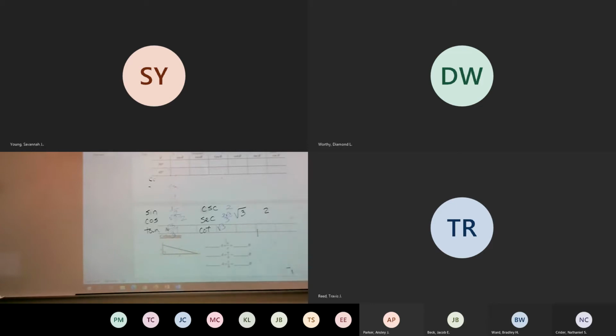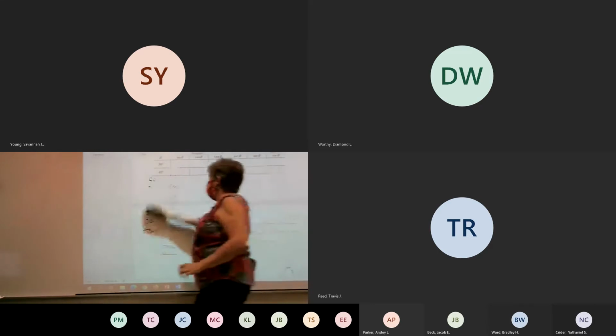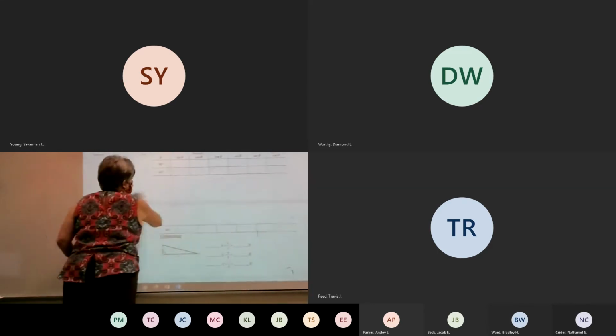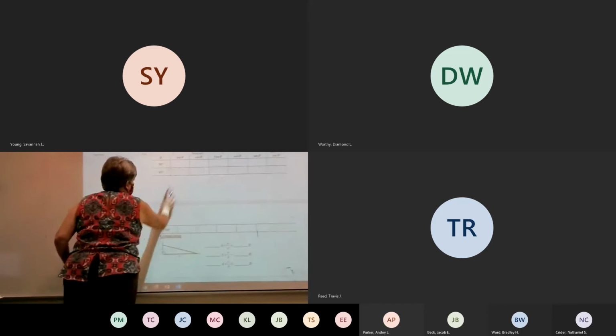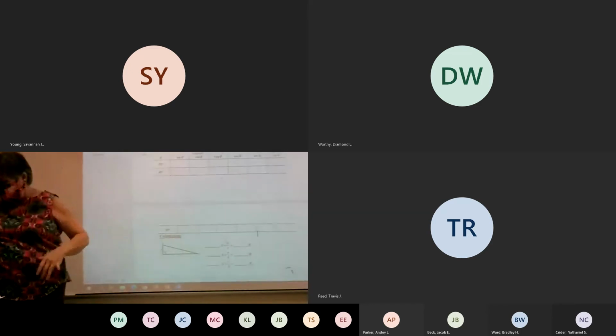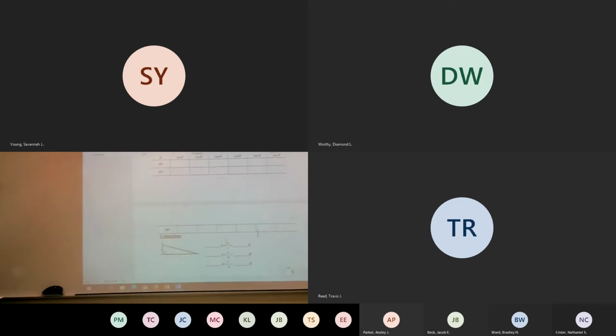Our angles coming off of our origin, we have a 30, 60, and 90-degree angle, and then we have a 45-degree angle. Those are your major angles you need to know. So when we start doing some other things with them, knowing how to manipulate these and come up with these is going to be the best thing.